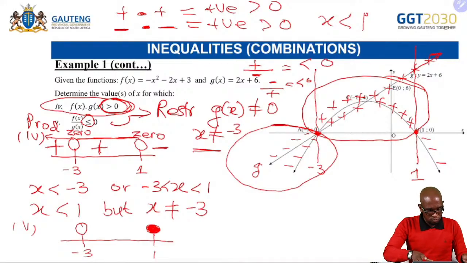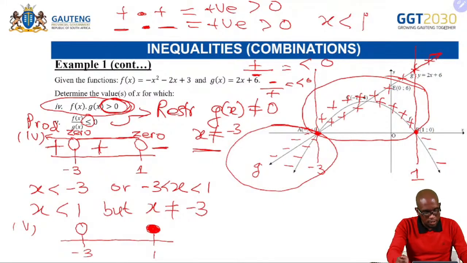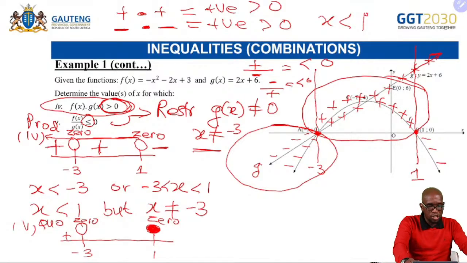Now I'm going to check the graphs from -infinity to -3. Both graphs are negative, which means the quotient is positive between -infinity and -3.